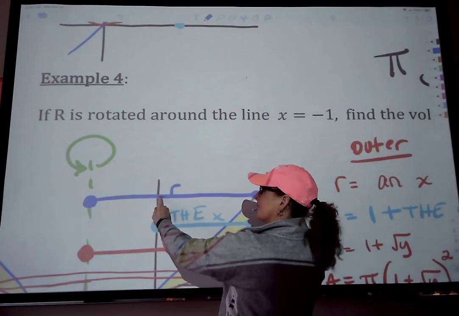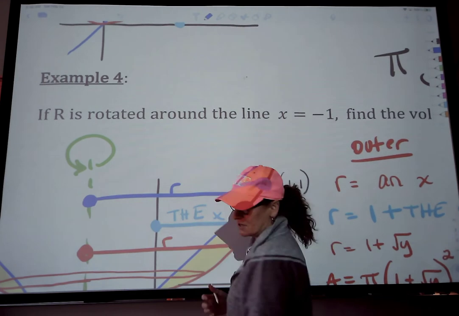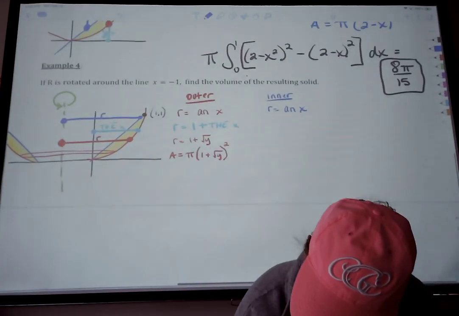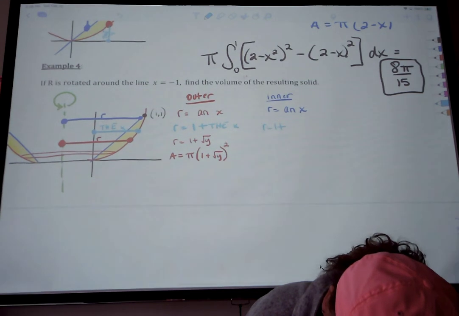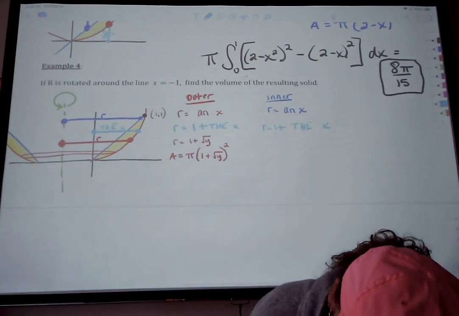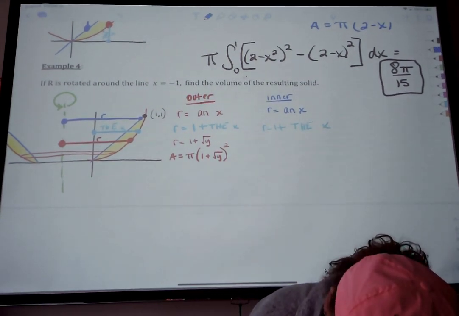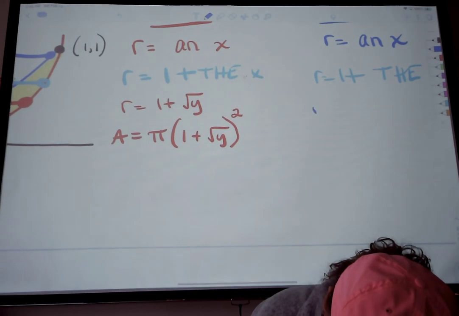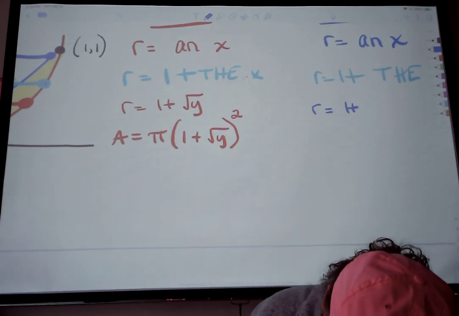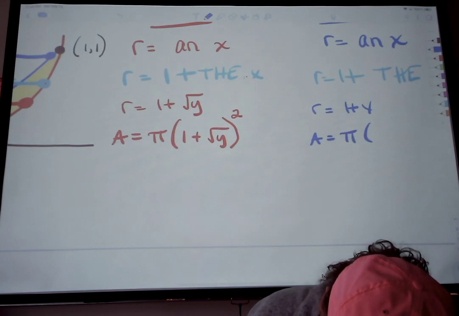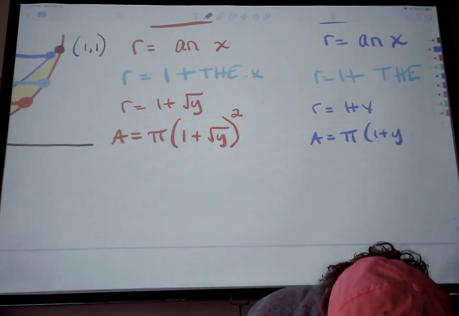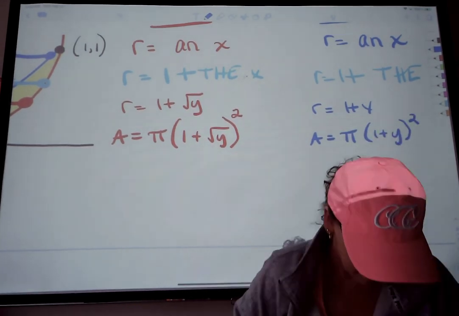It's not the x value, it's 1 greater than the x value. Pi r squared.